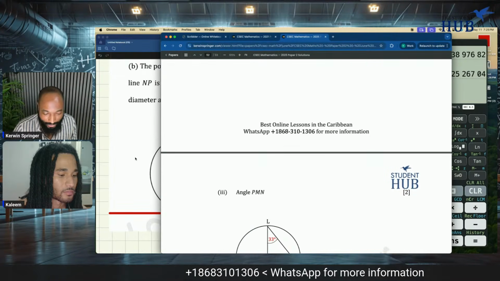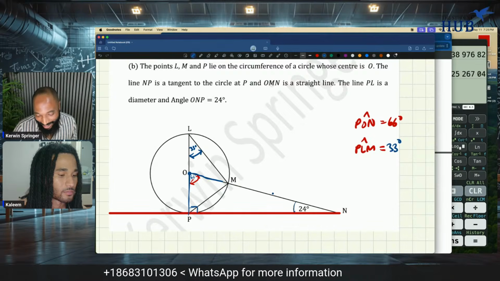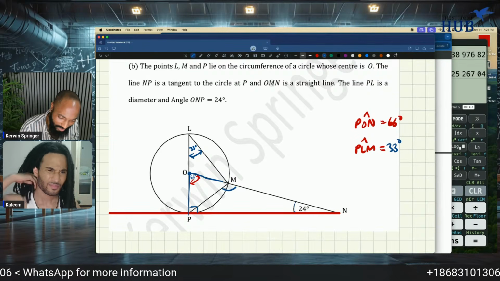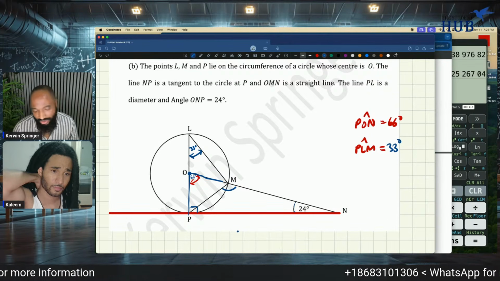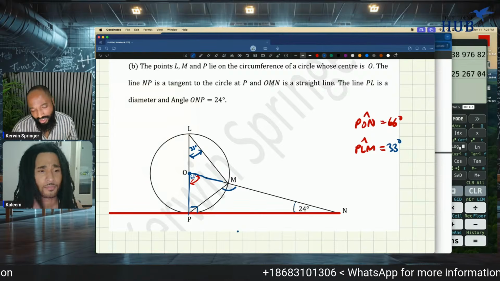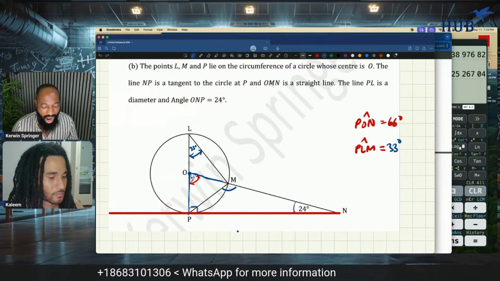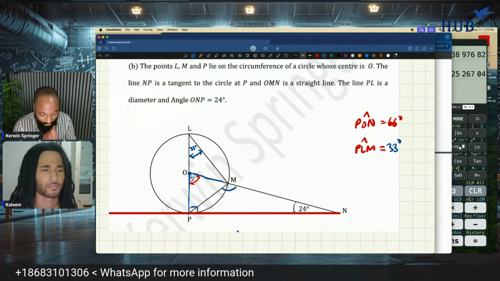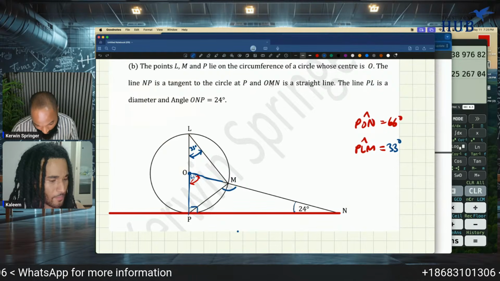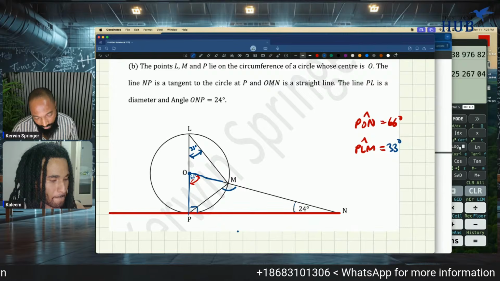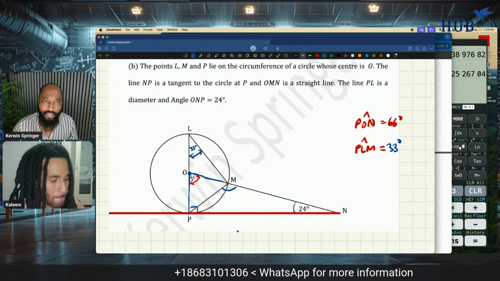PMN, PMN. How do we get this angle now? This is a very interesting angle, actually. How do we get PMN? There are a few ways to get PMN.